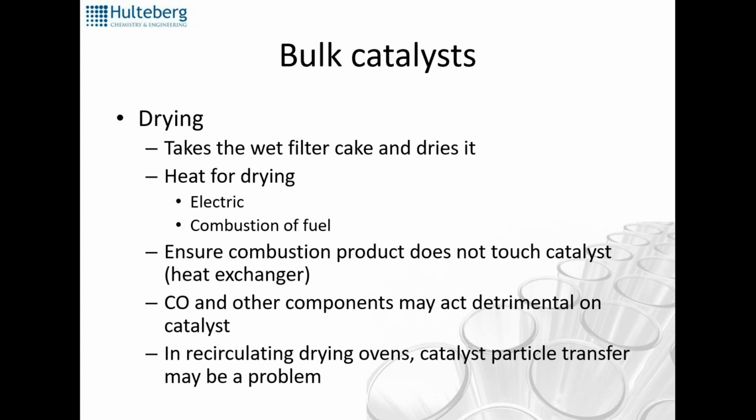Another thing that you need to take care of is, again, coming back to producing several different types of catalysts in the same equipment. When you have these recirculating drying ovens, there might be a risk of catalyst particle transfer from one batch to another, and the first catalyst might actually be deactivating or impacting the performance of the next catalyst.